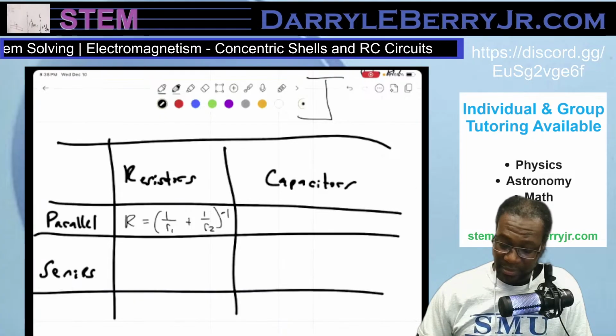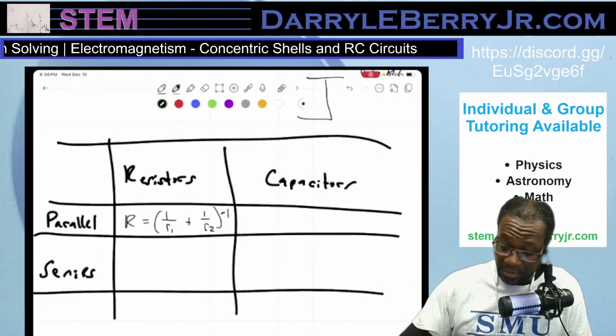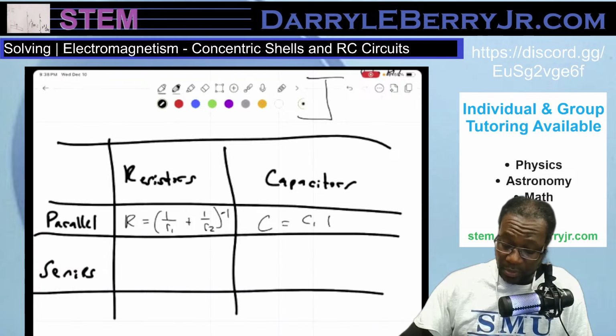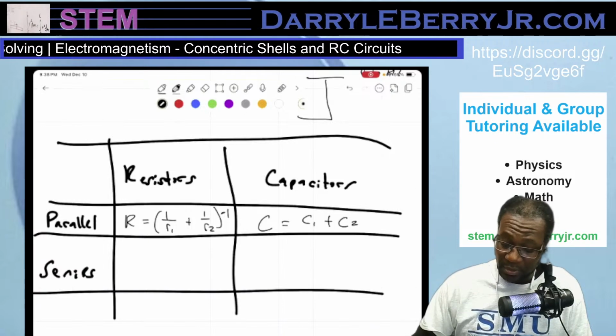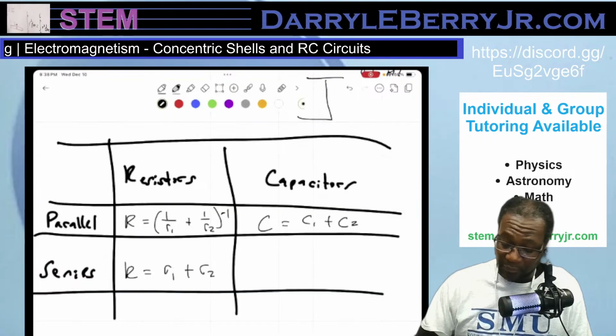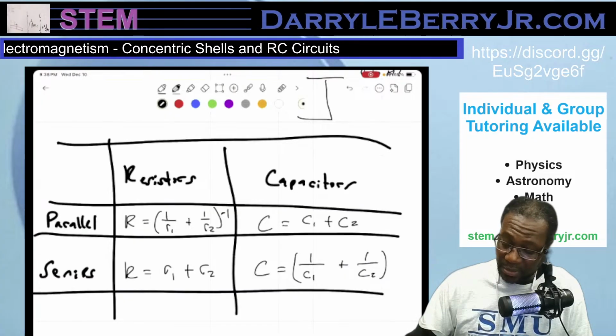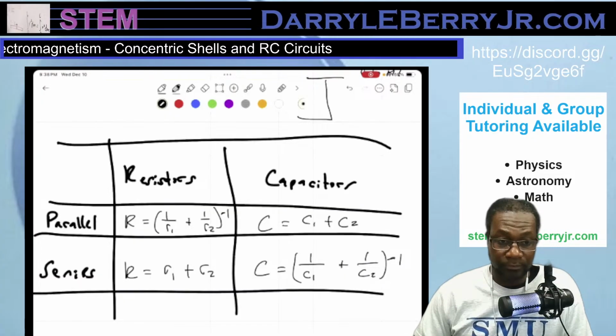That's how you get the equivalent resistance. But if you have capacitors in parallel, the capacitance will be C1 plus C2. If you have resistors in series, the resistance will be R1 plus R2. But if you have capacitors in series, the equivalent capacitance will be 1 over C1 plus 1 over C2, and then you take the inverse of that.